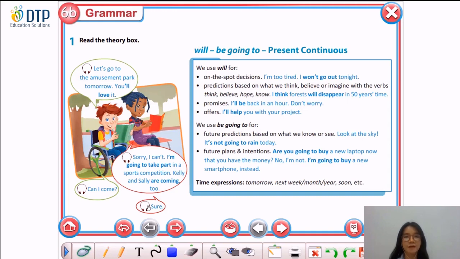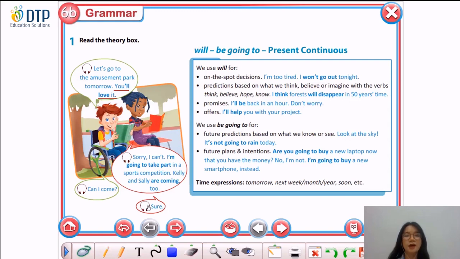Các bạn hãy nhìn vào những động từ được in đậm ở trong đoạn hội thoại này. Sau đó, hãy chỉ ra các động từ này đang được sử dụng ở dạng nào và nêu công dụng của nó nhé. Động từ đầu tiên, you'll love it, đang được sử dụng ở dạng nào? Đúng vậy, và công dụng của nó ở đây là gì?